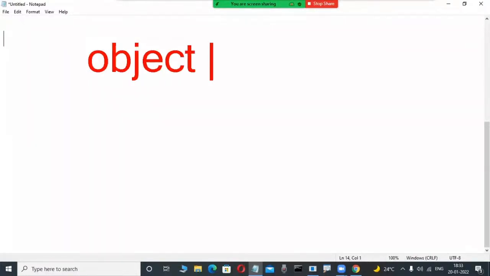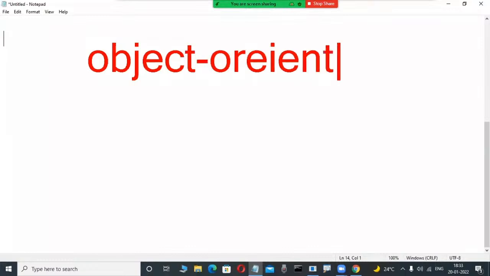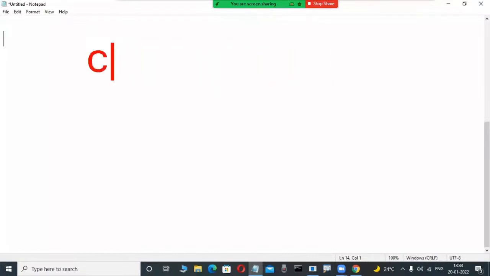Suppose there are many object-oriented languages worldwide. C++ is an object-oriented language. Java is a popular object-oriented language.